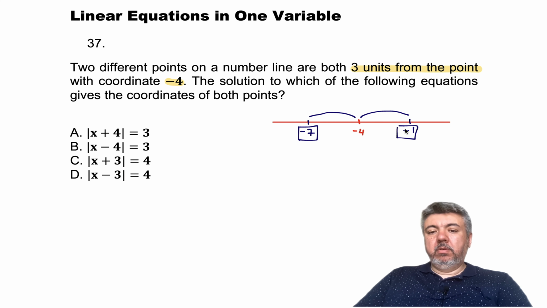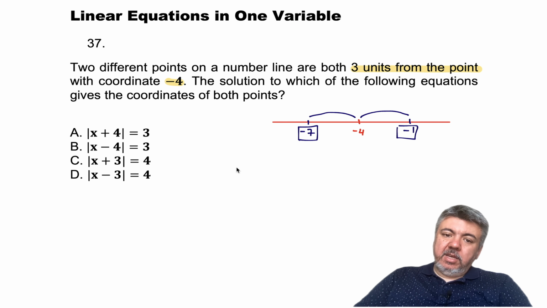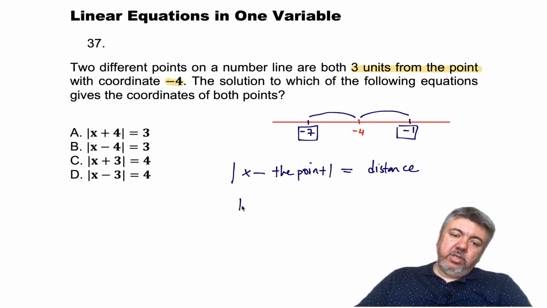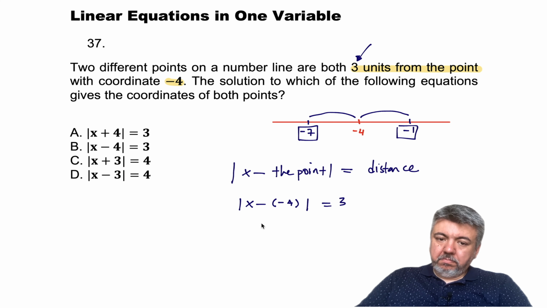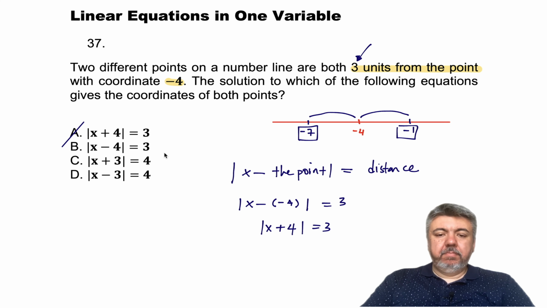You can do it by just substituting these into the equations, or let me explain the idea here. X minus the point equals the distance. So x minus the point, -4, equals the distance, 3 units. That is x plus 4 equals 3, which can be seen in part A, choice A.